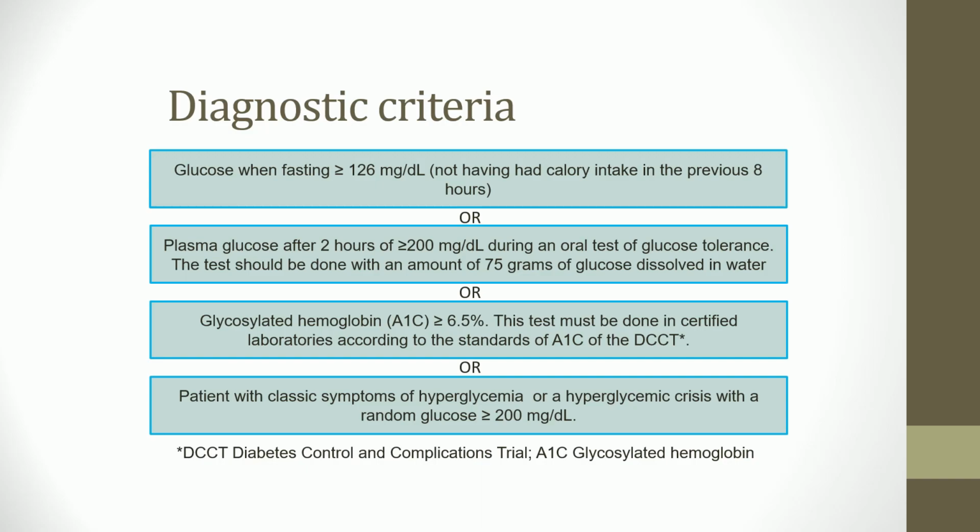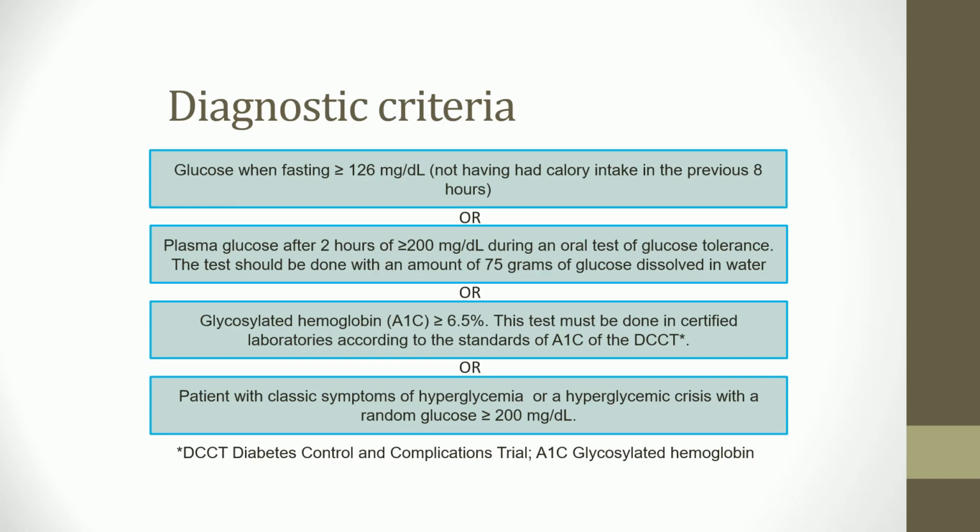So the patient loses a lot of pounds without making any diet. This is also a classic symptom or severe symptom of diabetes. So if we find those classic symptoms, once again, polyuria, polyphagia, polydipsia, and weight loss, with a glucose measurement over 200 milligrams per deciliter, that's a diagnosis of diabetes.